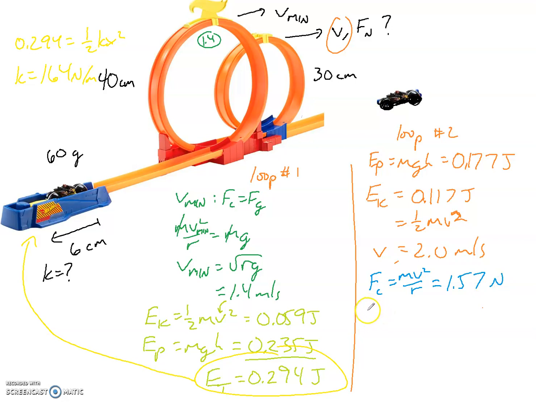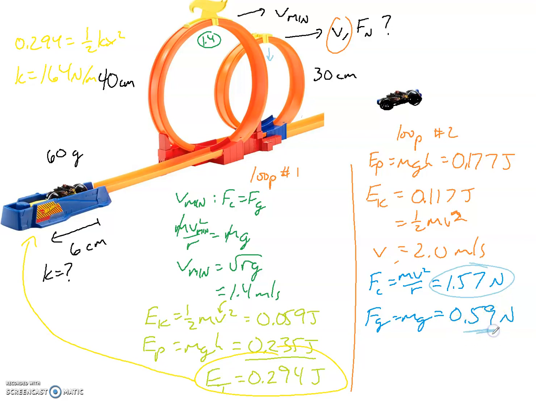There's also the force of gravity at the top of the loop, and that is just mg. So I take the 0.06, times it by the 9.81, and we've got about 0.59 newtons for Fg. Let's piece this together. I need 1.57 newtons for it to go around the circle. That Fc is pointing down towards the center of the circle, which is the exact same place that Fg is pointing.